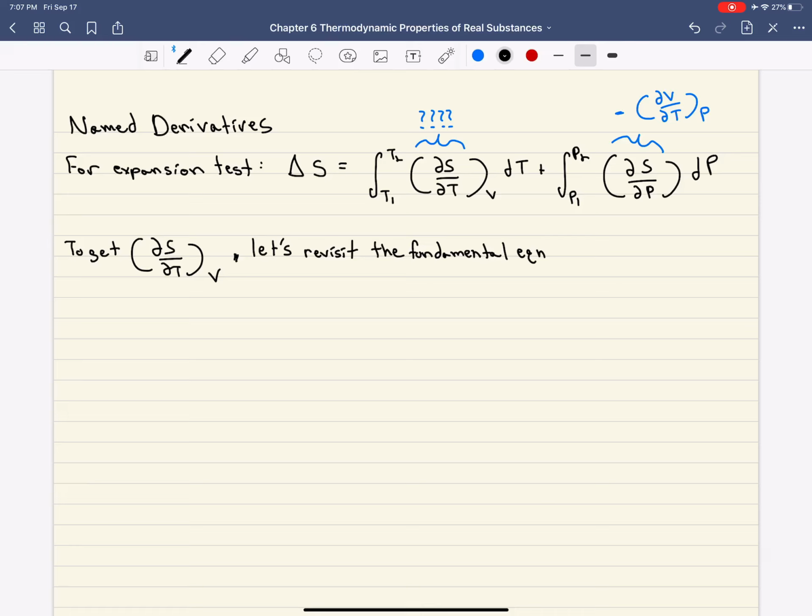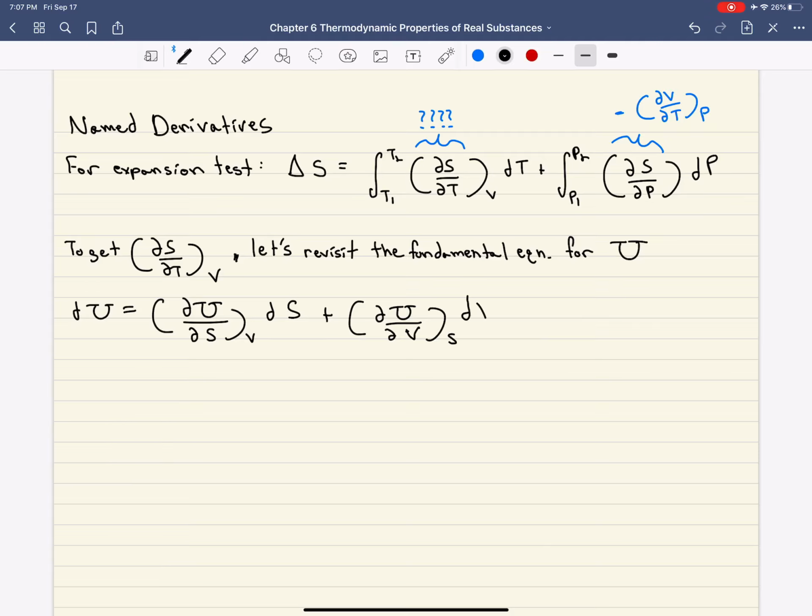equation for internal energy. Okay? And so dU is equal to, in terms of its partial derivatives, (dU/dS) at constant V dS plus (dU/dV) at constant S dV.